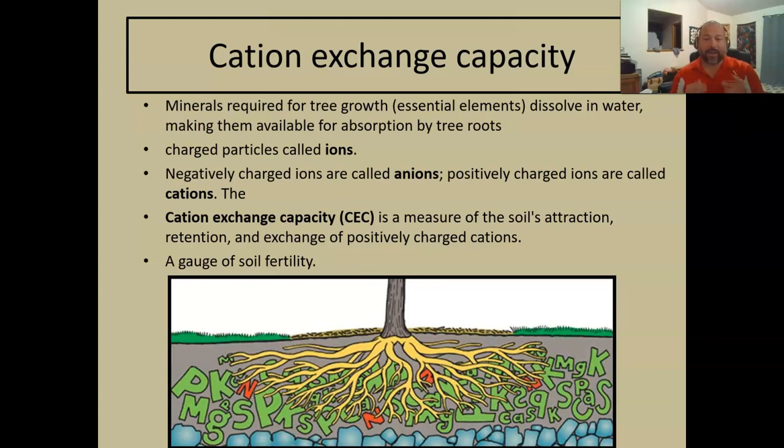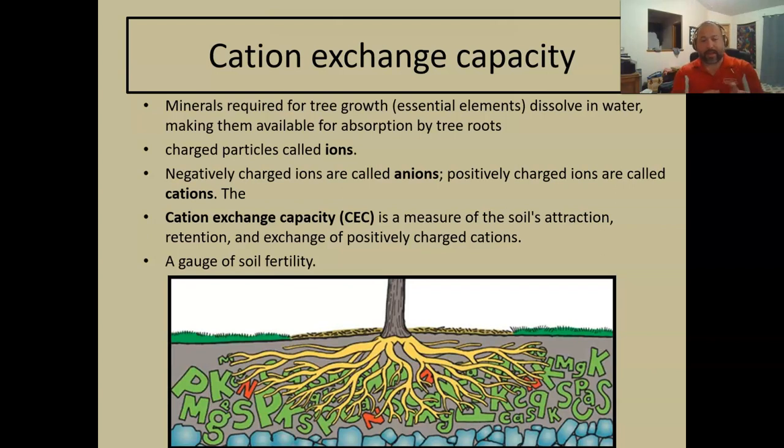And so the cation exchange capacity is a measure of the soil's attraction, retention, and exchange of these positively charged cations, because you've got the clay in the soil being negatively charged, and you've got these positively charged cations, so they will attract each other.